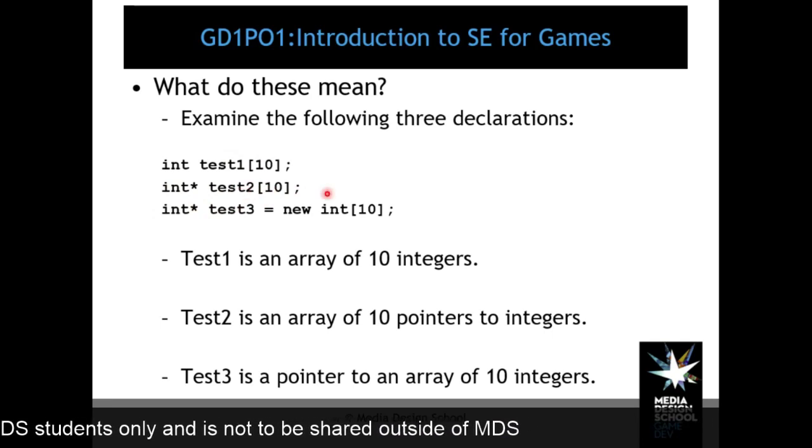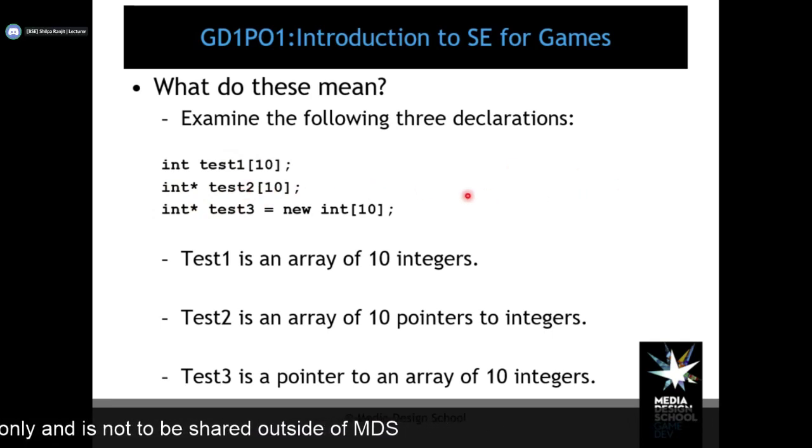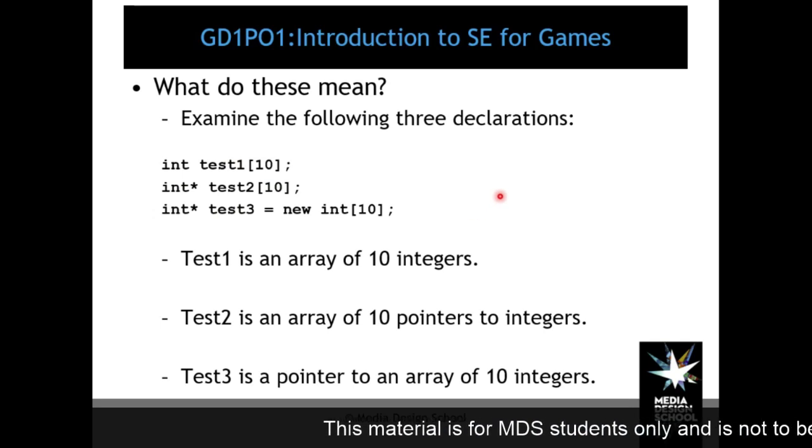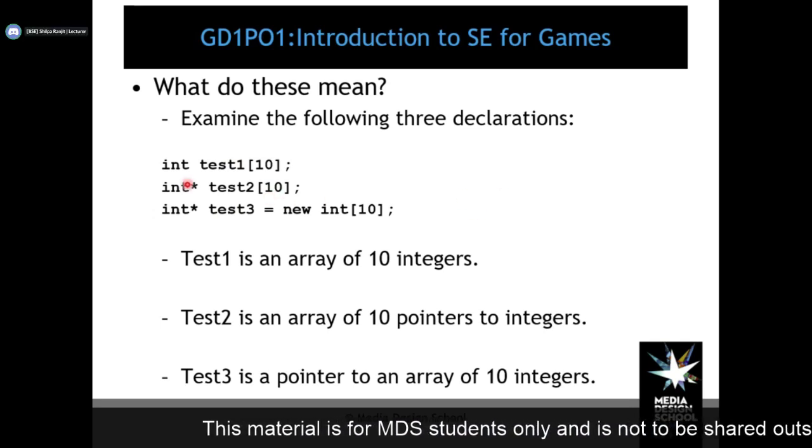Test 2 is basically an array of size 10 where each element is an integer pointer, or each element is a pointer to an integer. So test 2 will contain elements that each hold the address of an integer variable. That is the second line.